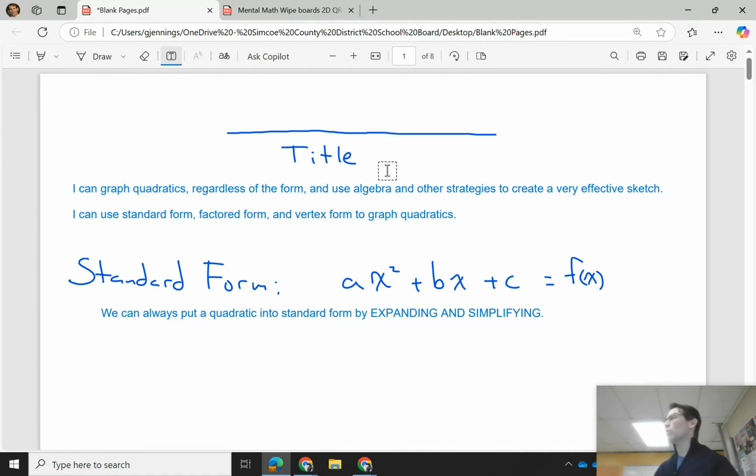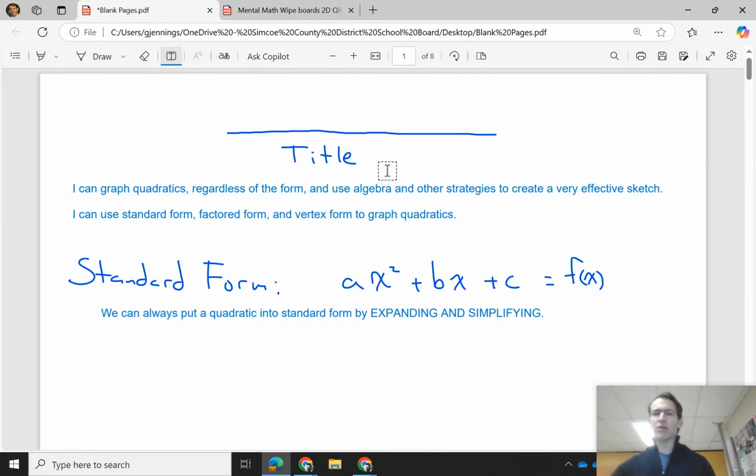Like if I add two quadratics together or multiply two lines. We can always get back to a standard form quadratic by completing expand and simplify. Multiply your binomials times binomials, distribute your terms, collect your like terms. The result of all that in its simplest form is standard form. So we can always get here, regardless of where we start.